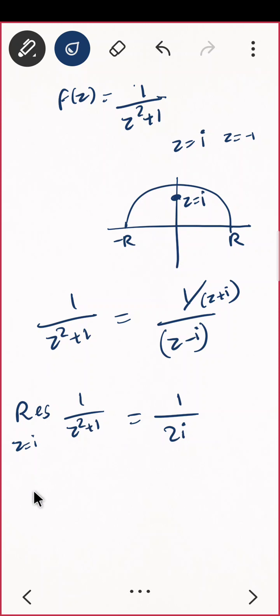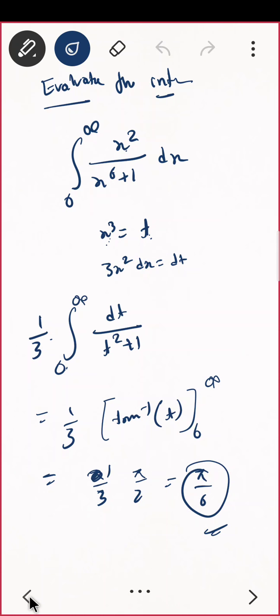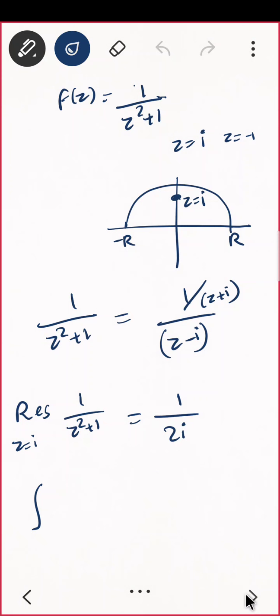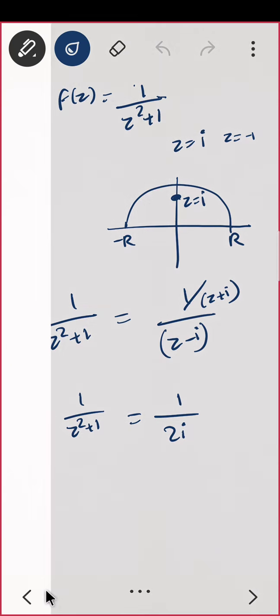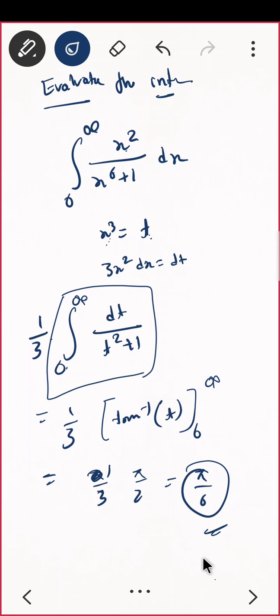So what will be your integral? Which integral was it? Yeah, but the thing is, which one did we solve? This is an even function. Do you see? Correct.